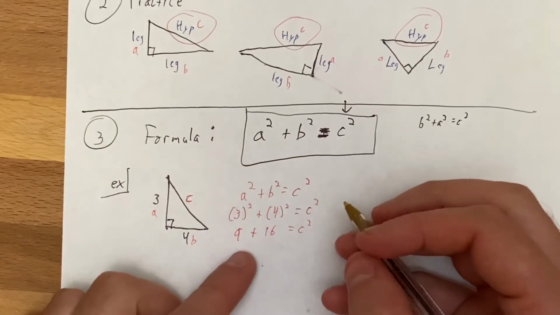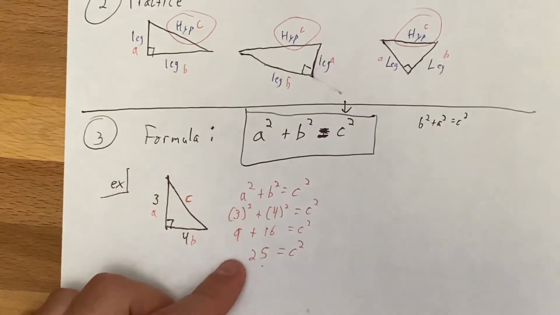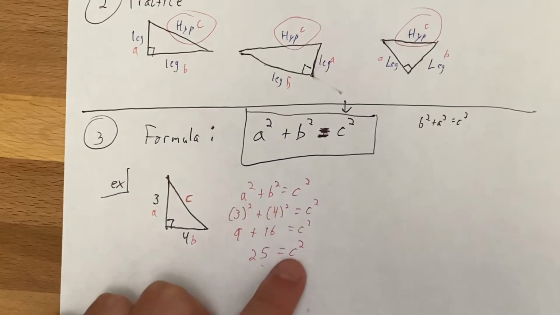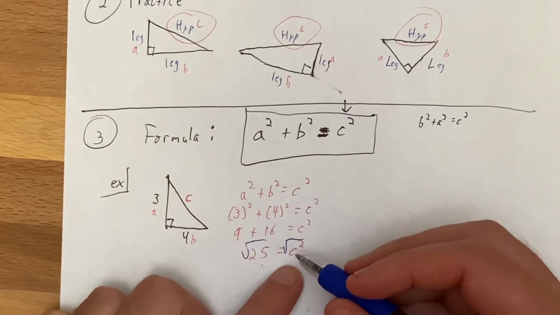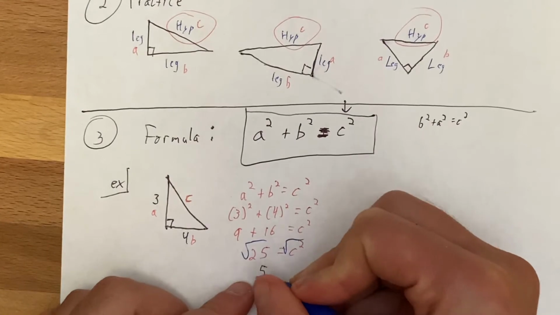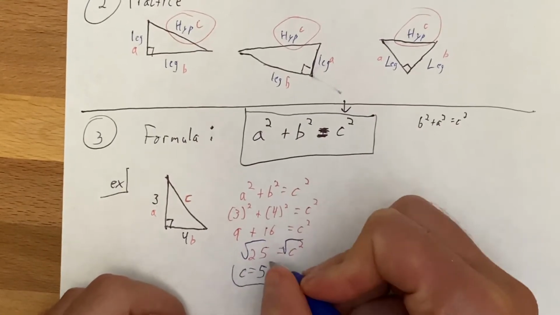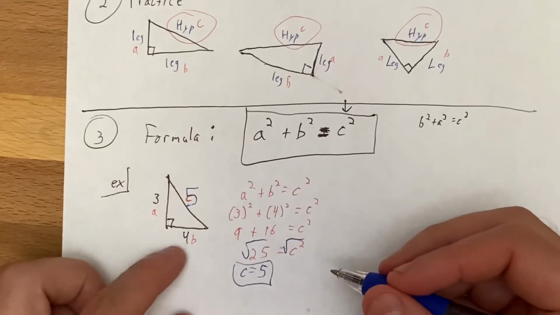And then 9 plus 16 is equal to 25. The last step to get c by itself instead of c squared is going to be to square root both sides. So the square root of 25 is exactly 5. So you would get that c is equal to 5. So this right here is actually length 5, a 3, 4, 5 triangle.